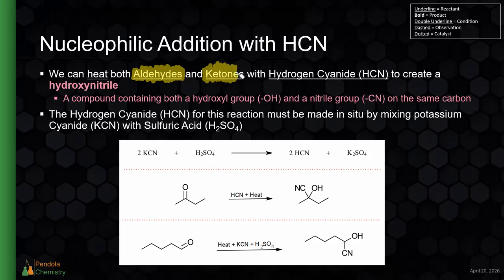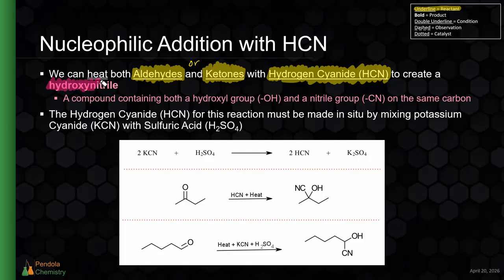So if we react an aldehyde or a ketone, and I should say this is not "and", this is "or", so both of these functional groups are going to undergo this reaction if they are reacted with hydrogen cyanide or HCN. So whenever our hydrogen cyanide reacts with a carbonyl containing compound like aldehydes and ketones, we are going to get a reaction that creates what is known as a hydroxynitrile.